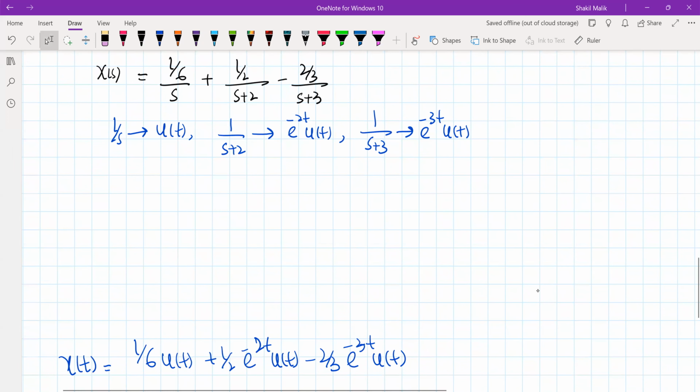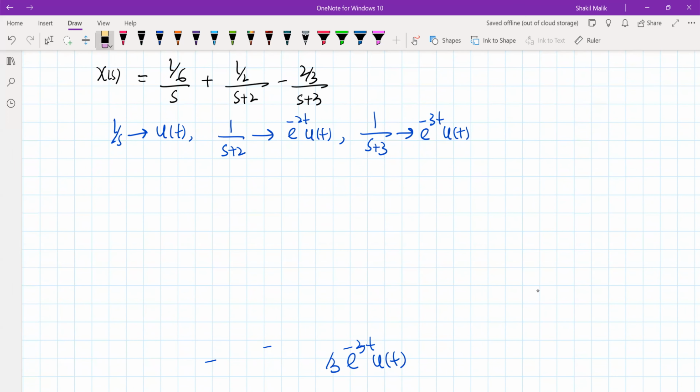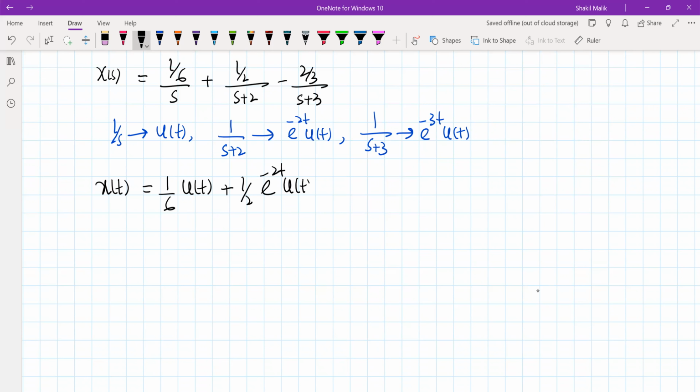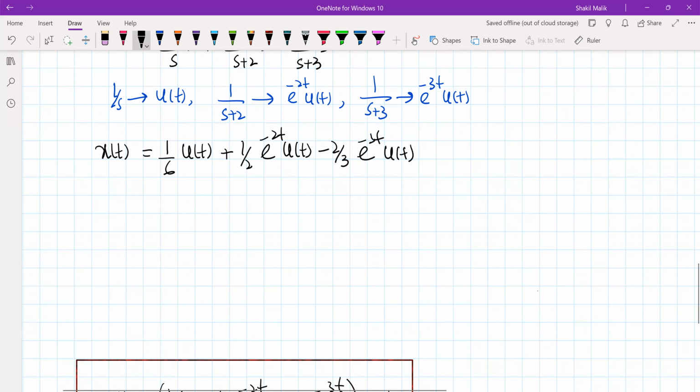So after we write this here, that means x of t, once we take the inverse Laplace transform on both sides, it will be 1 by 6 u of t plus 1 by 2 e to the power of minus 2t u of t minus 2 by 3 e to the power of minus 3t u of t.